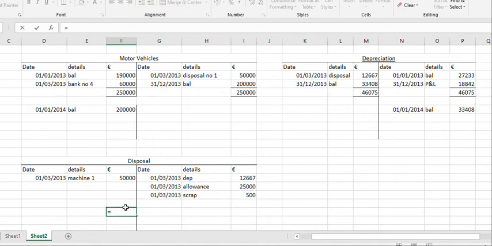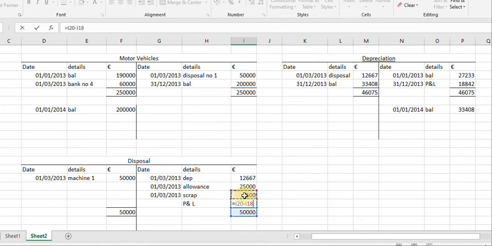Now I know that this side is bigger, so we're going to put 50,000 on both sides. 50,000 and 50,000. So the balance must go here. So the balance is called profit and loss in this case. So it's the difference between the big number and the small number.